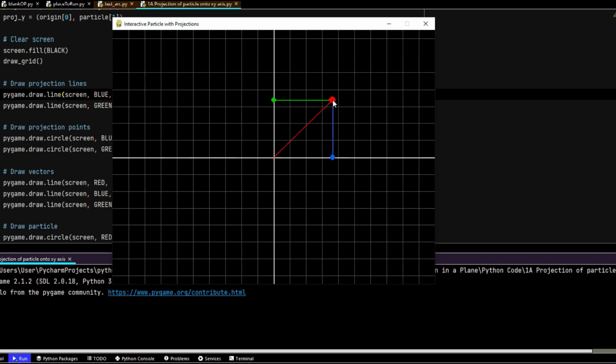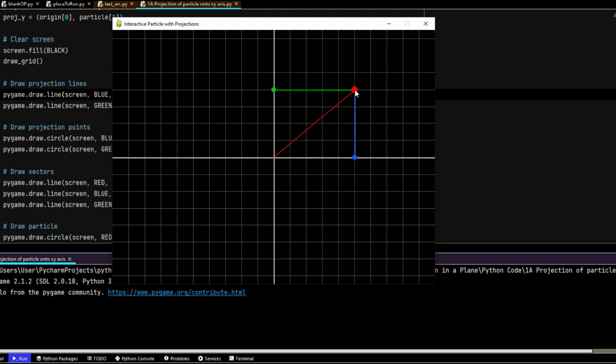Okay, can you see this? So what we have here is a red dot. We are trying to understand the red dot. But if I just make this screen empty, it's not easy to talk. But if I tell you the red dot is 5 right and 4 up, you'll find the red dot.